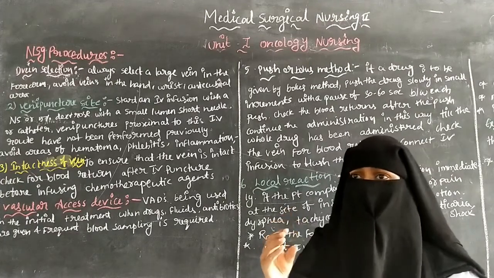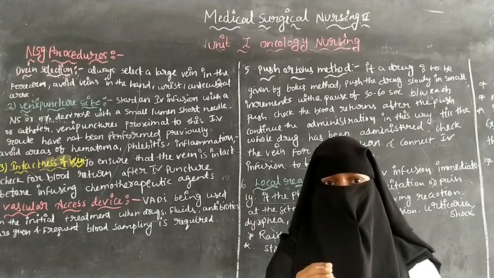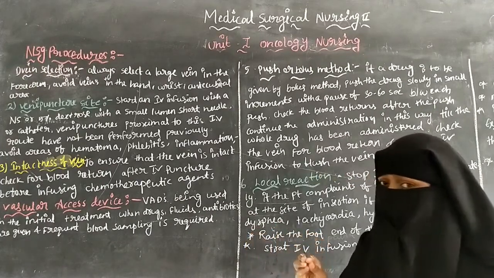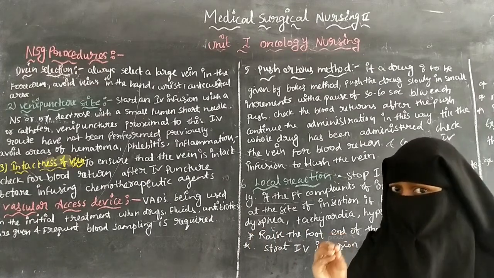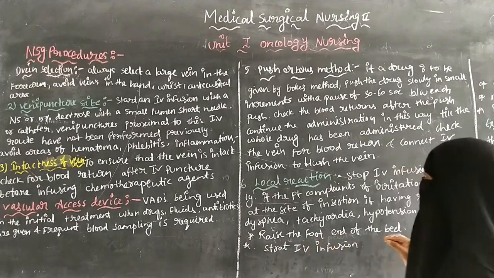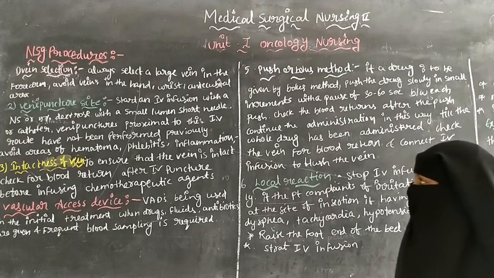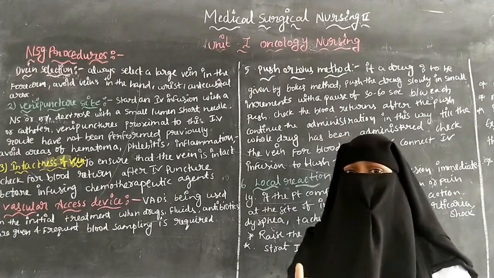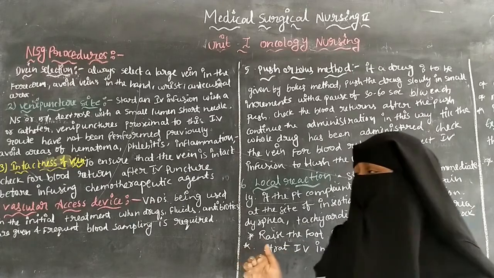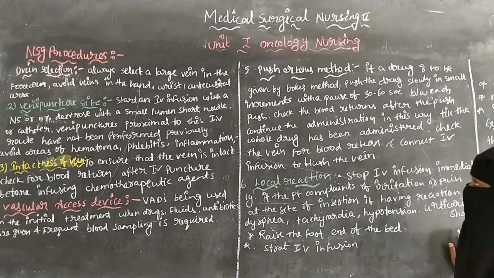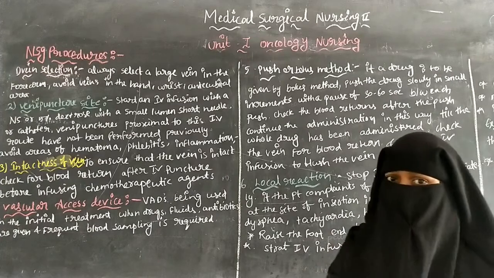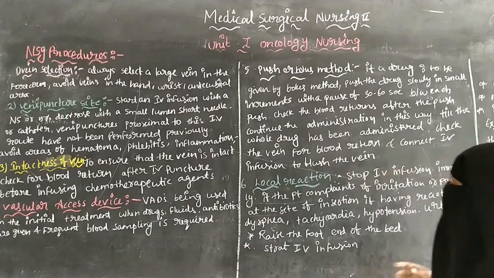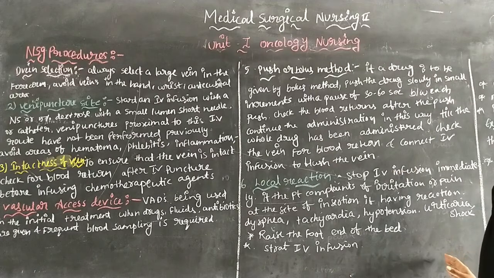If we have taken 10 ml of medicine, only some of the medication should be administered each time, maintaining 30 to 60 seconds between each push. We administer the medication to the patient in small increments, and check for blood return after the push.